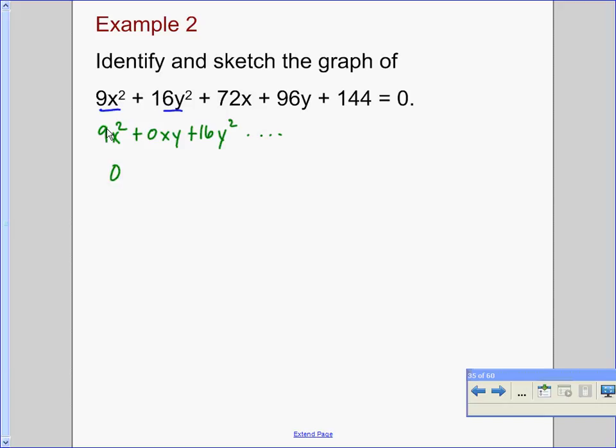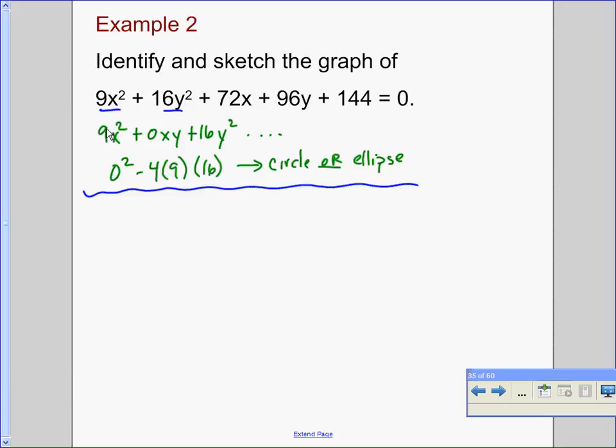So then to find our discriminant, we go 0 squared minus 4 times 9 times 16. And when I do that, I recognize that this is telling me that it's going to be a circle or an ellipse. Now we're going to have to complete the square anyway to figure out exactly which one it is or graph it. So you may or you may not want to do that step. That narrows it down to being a circle or an ellipse.